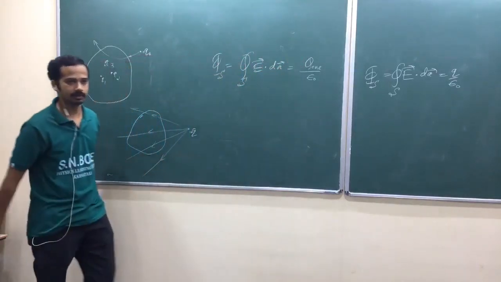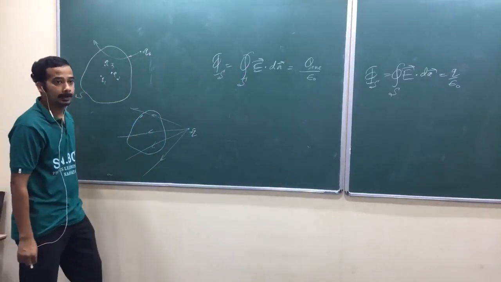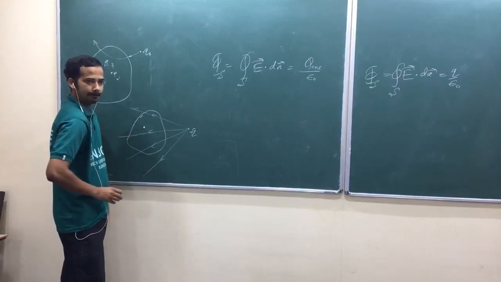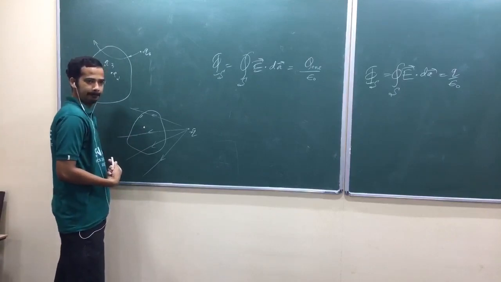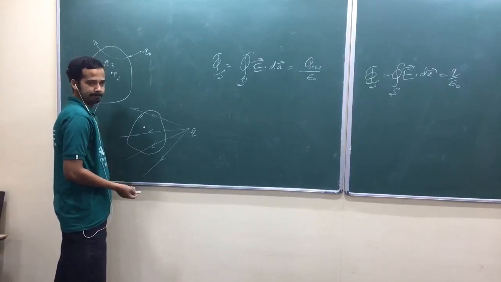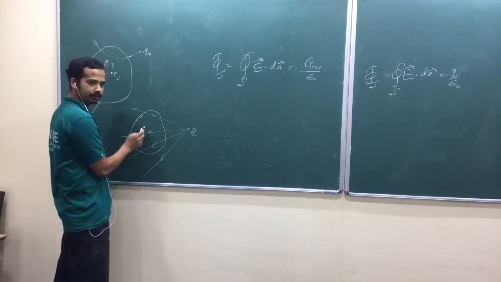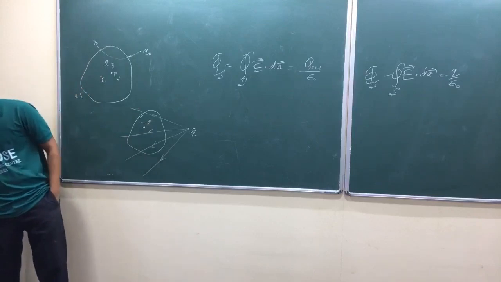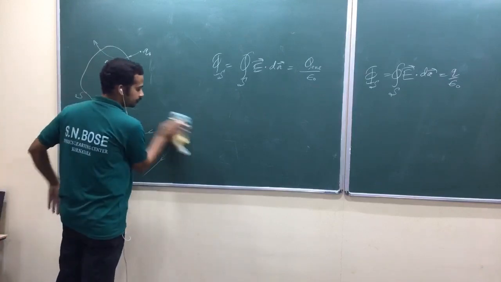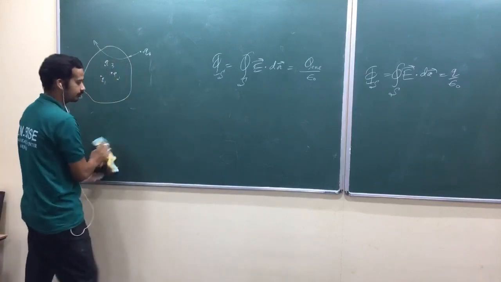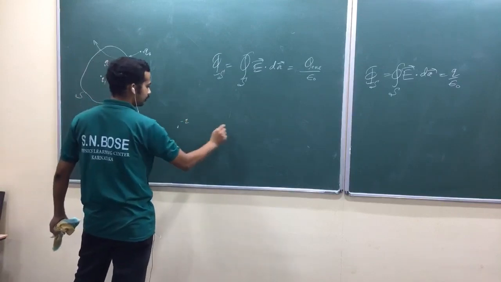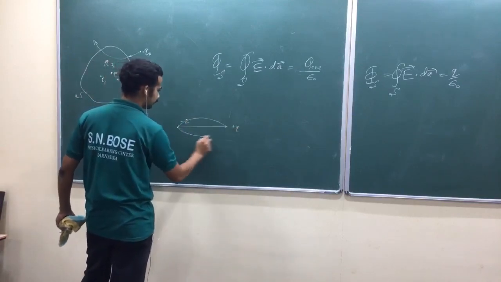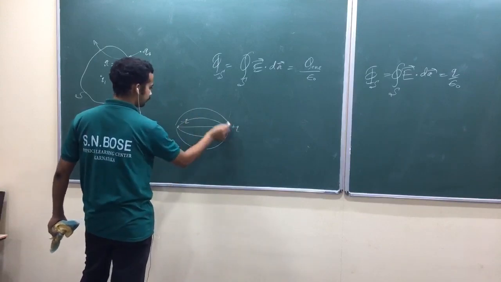Is that okay? Okay, this is minus Q. Minus Q, okay. Then also, you are taking minus Q plus Q. Am I right? It's a kind of dipole.